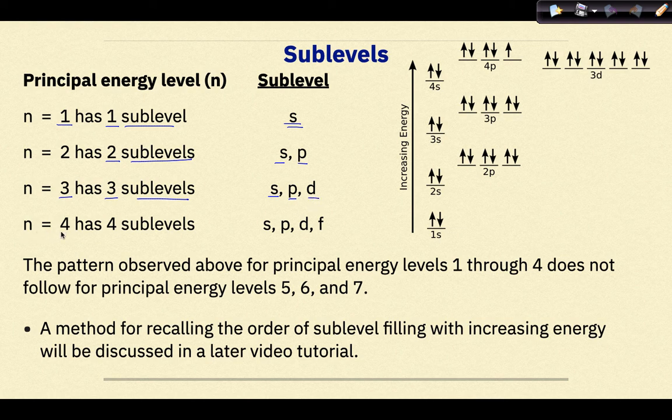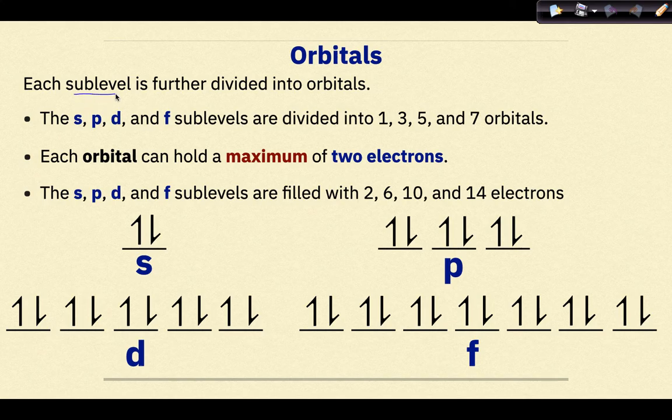When n is equal to 4, there is a potential again for 4 sublevels, s, p, d, and f. The pattern observed above for principal energy levels 1 through 4 does not follow for principal energy levels 5, 6, and 7. A method for recalling the order of sublevel filling with increased energy will be discussed in a later video tutorial.